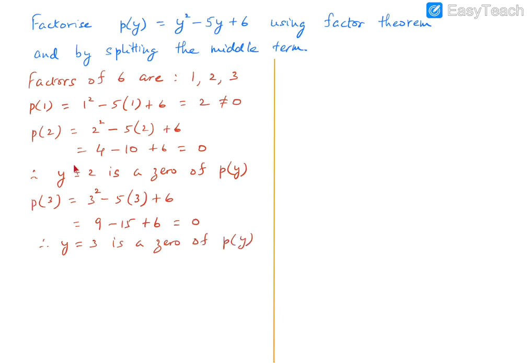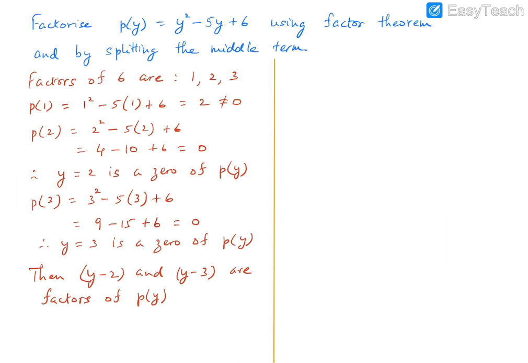So if y equals 2 is a zero of p of y, and y equals 3 is also a zero of p of y, then we can say y minus 2 and y minus 3 are factors of p of y.